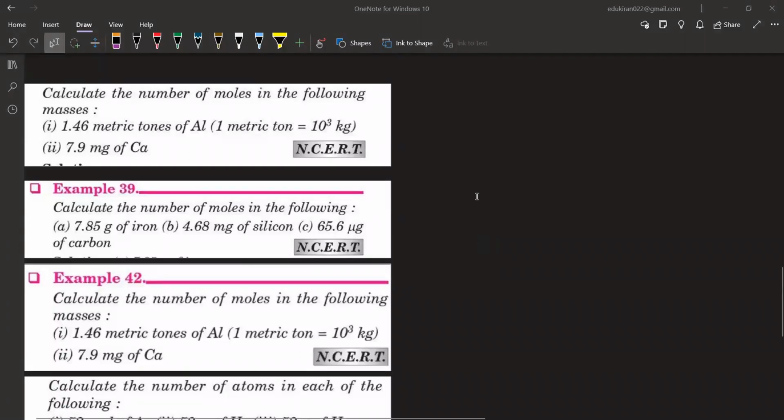You can calculate this now? Yes or no? Tell me. Do you need something? Molar masses of aluminium and calcium. I think you will have for calcium in your notebook, right? For aluminium, I will give you. Aluminium molar mass is, sorry, 27.